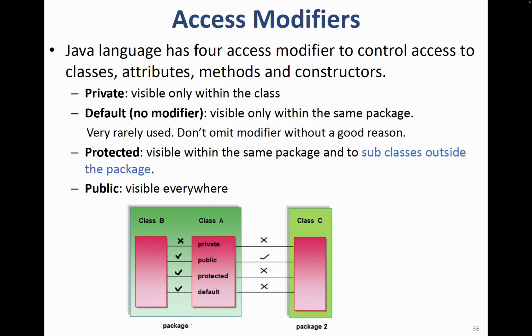But if class C is, and I will use a term that we will see later on, a child class of A, if there's an inheritance relationship between A and C, where A is the parent class of C, then it can access it. So there is this kind of small difference between default and protected.